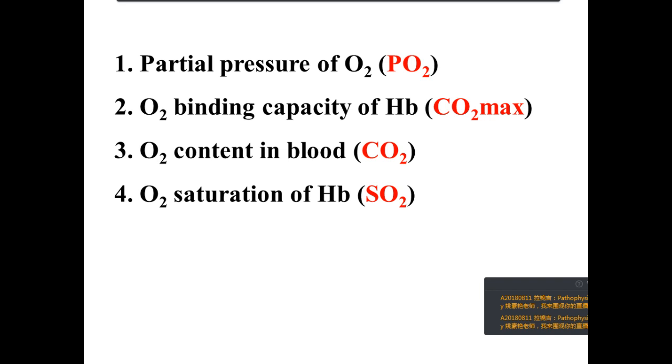The second parameter is oxygen binding capacity. The normal value is 20 milliliters per 100 milliliters of blood. What can influence the parameter? The quality and concentration of hemoglobin.